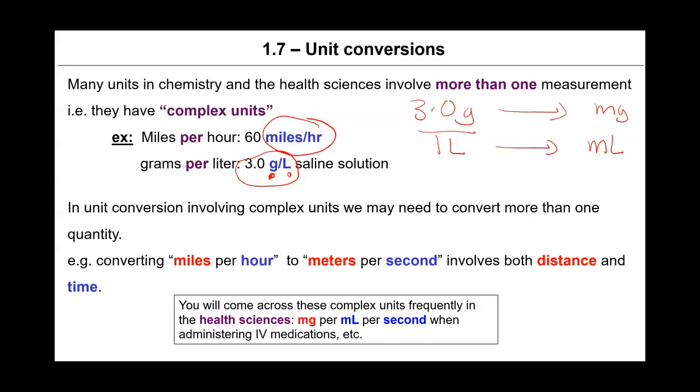And it can get really complicated in health sciences when you're doing dosing calculations. It's not uncommon for people to talk about things like milligrams per milliliter per second, in which case you would have mass, volume, and time all in the one problem, and you could have to convert all 3 of those things in the one problem.